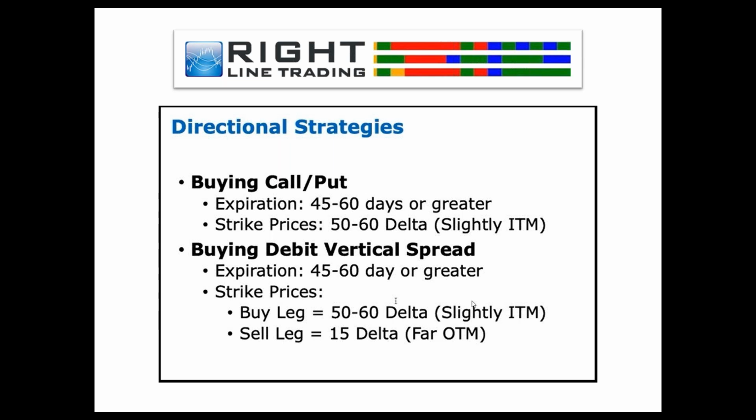So essentially, if we buy a vertical spread and the price just sits for a while right at our entry price, we're actually going to start making a small amount of money because the leg that we sold is going to start to decrease in price very rapidly because it's way out of the money and it's going to be affected by theta or time decay very, very quickly. So that's going to help us.